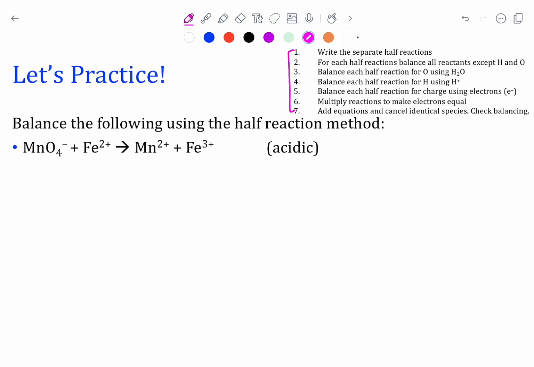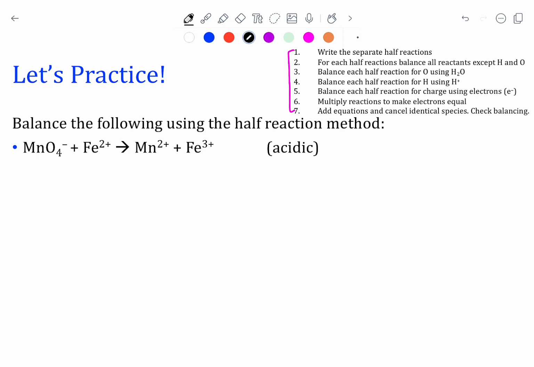We can see that this is not easy to balance without the half reaction method because those oxygens just disappeared. Where did they go? We don't know. So we have to balance this using the half reaction method because it's not easy to balance these redox reactions using our typical balancing methods.